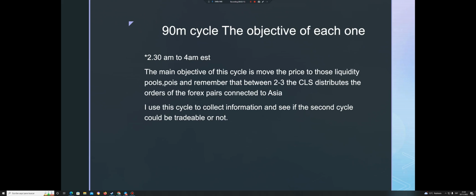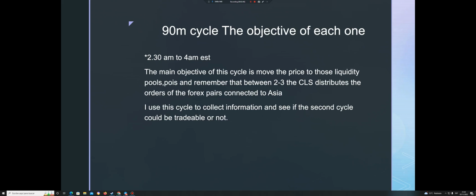So imagine the price is running to those stops of Asia high. It takes Asia high between 2 and 4, and when it comes to 4, the CLS starts distributing for those European pairs. So that's why sometimes price takes the Asia high, creating the high of the day or the high of the session, and it just starts coming back.